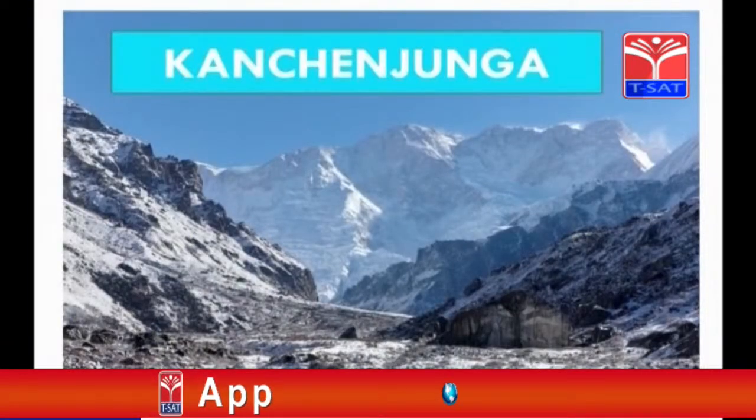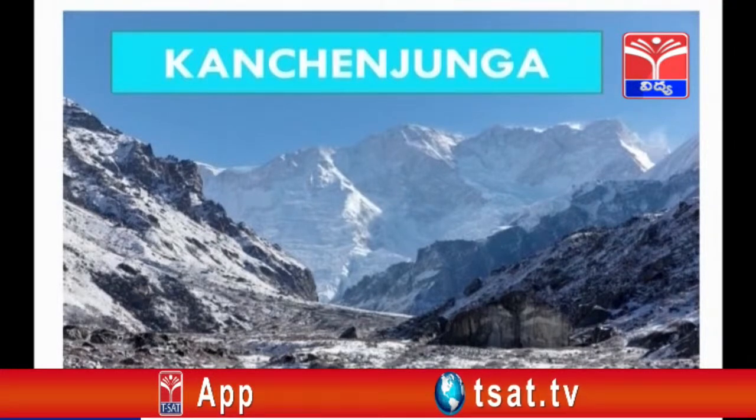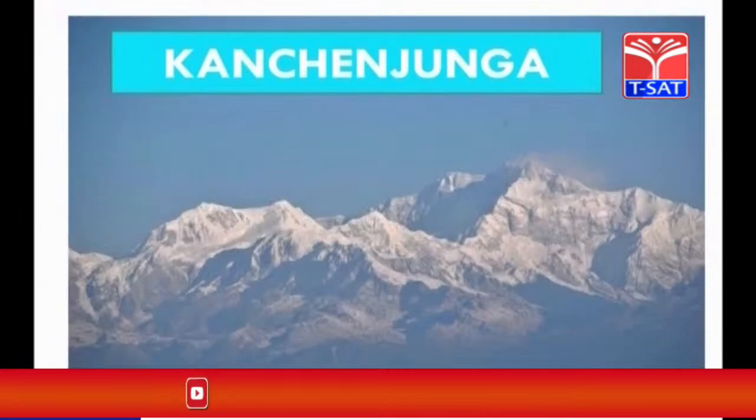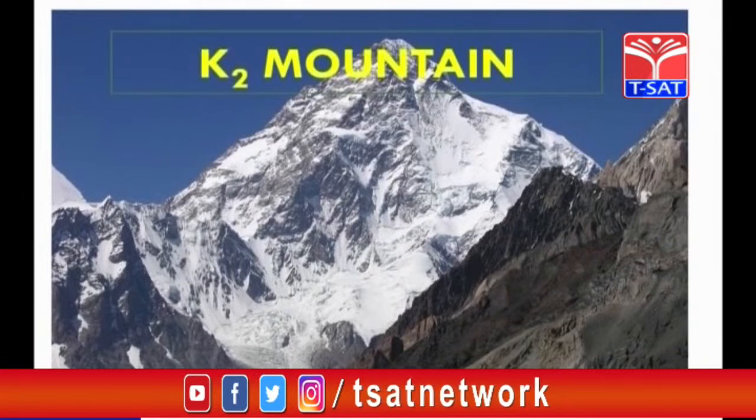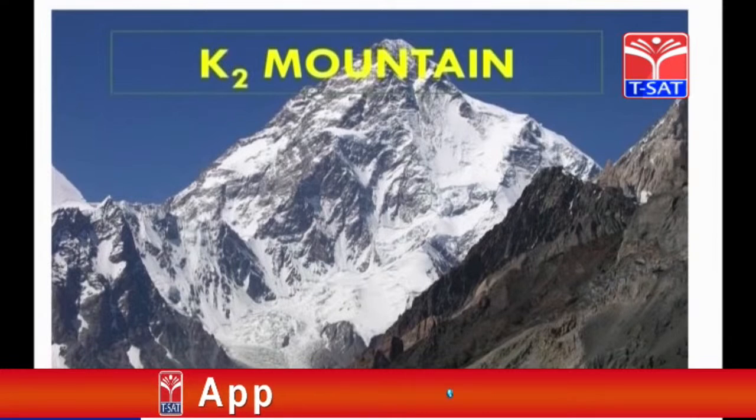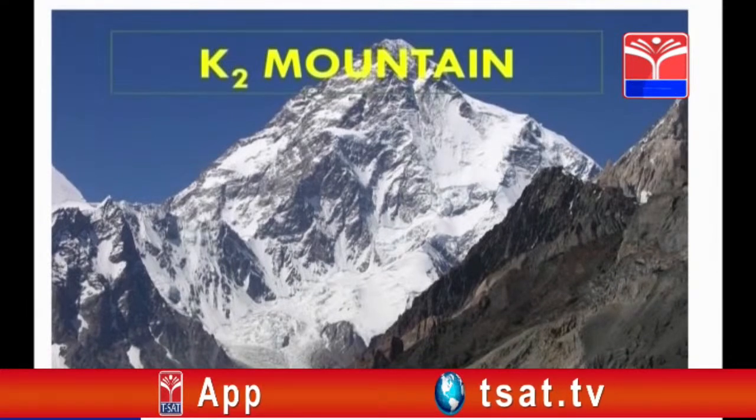One of the important ones which belongs to India is Kanchenjunga, it is there in this region, and this is the picture of Kanchenjunga. K2 mountain peak in Jammu Kashmir is also located in this region. Mount Everest is the highest peak, it is there in this region only, which belongs to the country of Nepal.